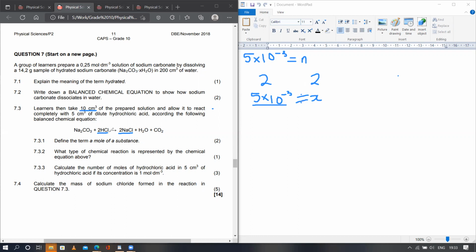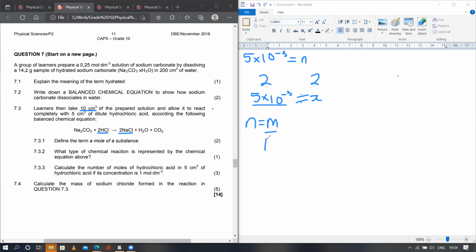So now they want us to find the mass. You know that your number of moles is equal to the mass divided by the molar mass.